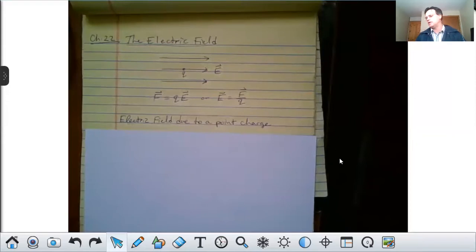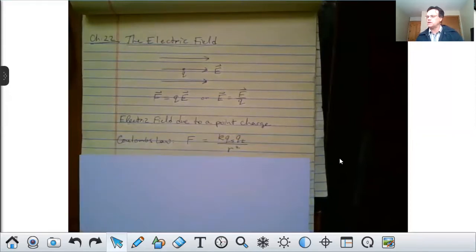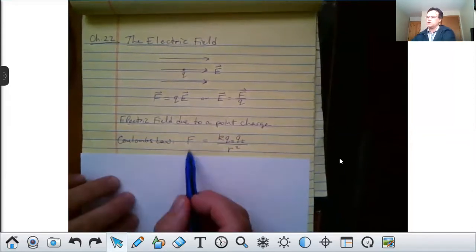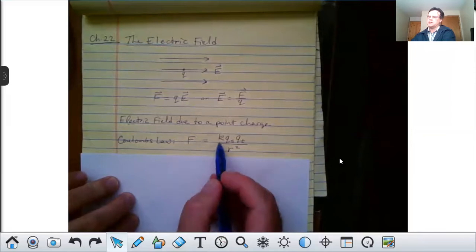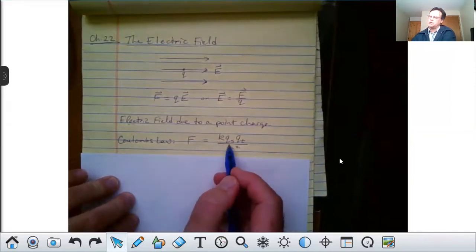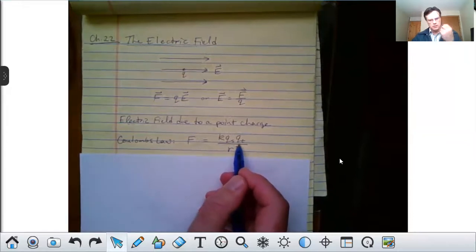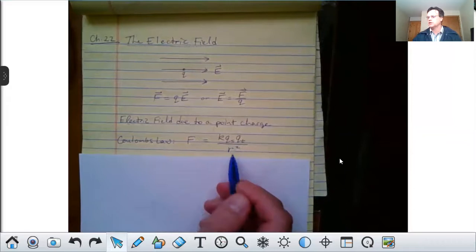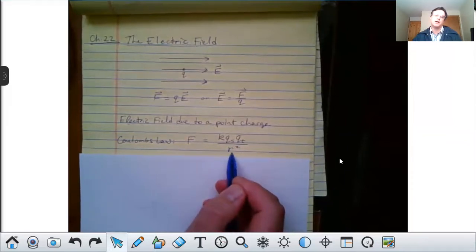So first of all, if you go back to Coulomb's law, remember that the force between two charges is that constant K times the source charge times the test charge, right? We're looking at the force on the test charge due to the source charges divided by the distance between them squared.